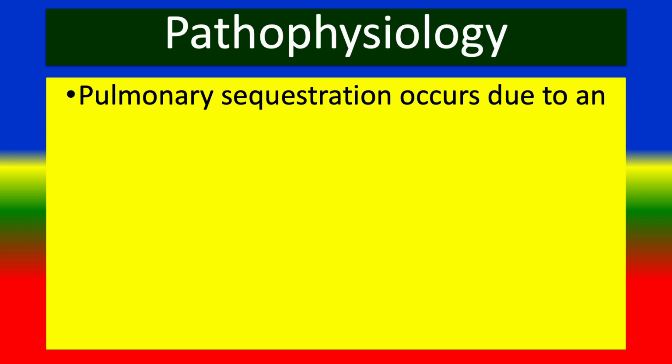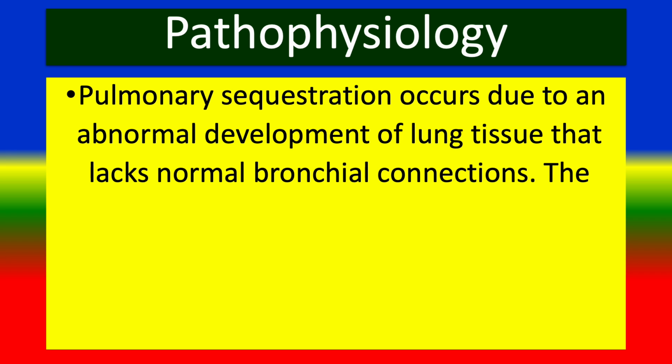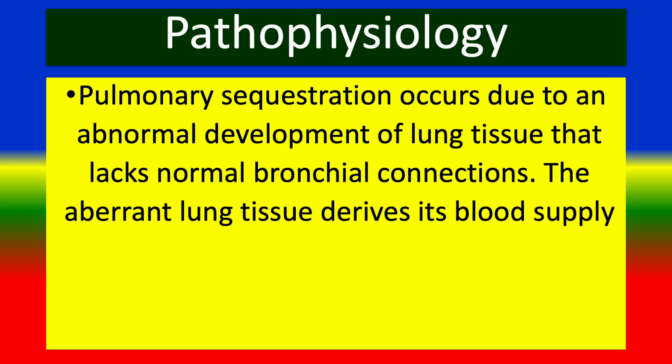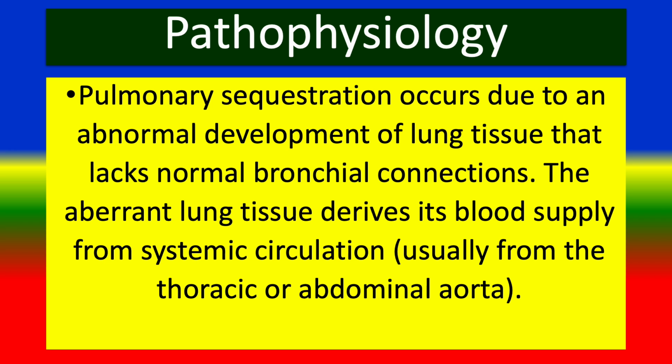Pathophysiology. Pulmonary sequestration occurs due to an abnormal development of lung tissue that lacks normal bronchial connections. The affected lung tissue derives its blood supply from systemic circulation, usually from the thoracic or abdominal aorta.